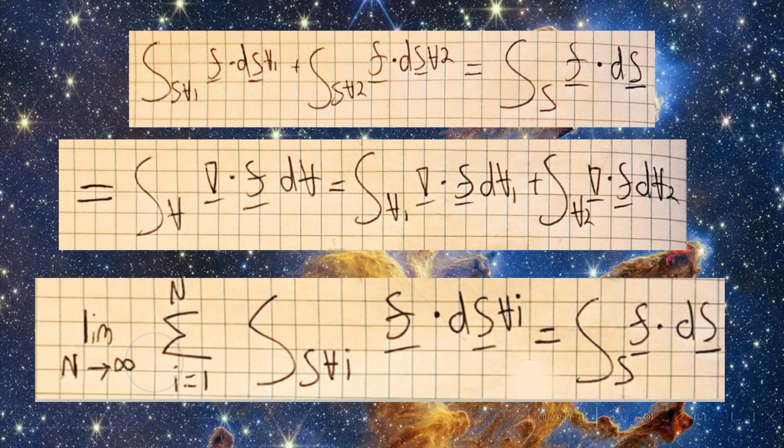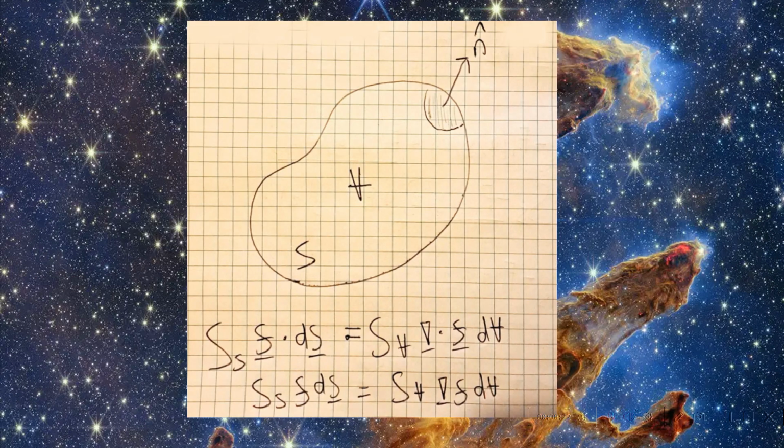We can even make smooth curved surfaces because we can use an infinite number of cubes, so we can make the surface as smooth as we like by using an infinite number of cubes. So then you can extend this theorem to say that the surface integral through an infinite number of cubes would be equal to the surface integral of the entire volume that those cubes represent.